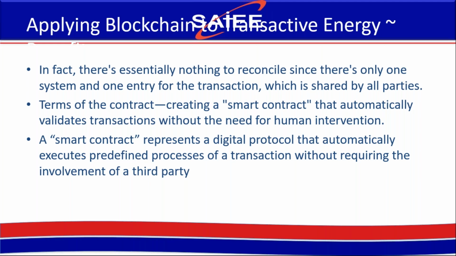You will do probably everything on your phone or your laptop or any digital device that you might have. A smart contract represents a digital protocol that automatically executes the predefined process of a transaction without requiring the involvement of a third party. So you can set that whenever I'm not at home, I want to sell power from my solar panel. You set that in your smart contract, and that will happen every time you leave your house.